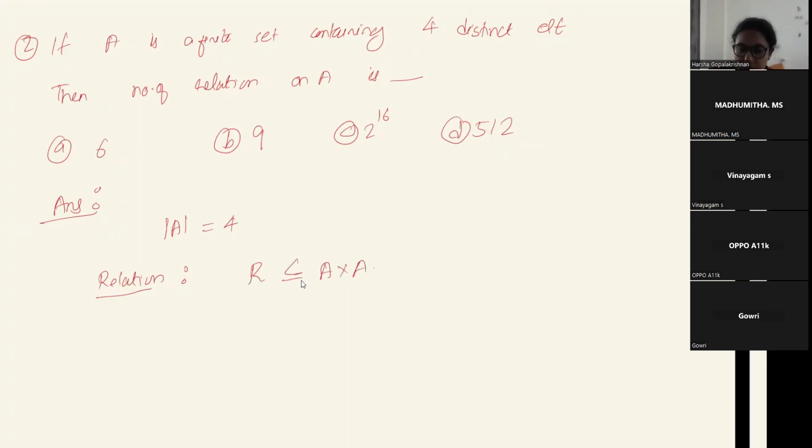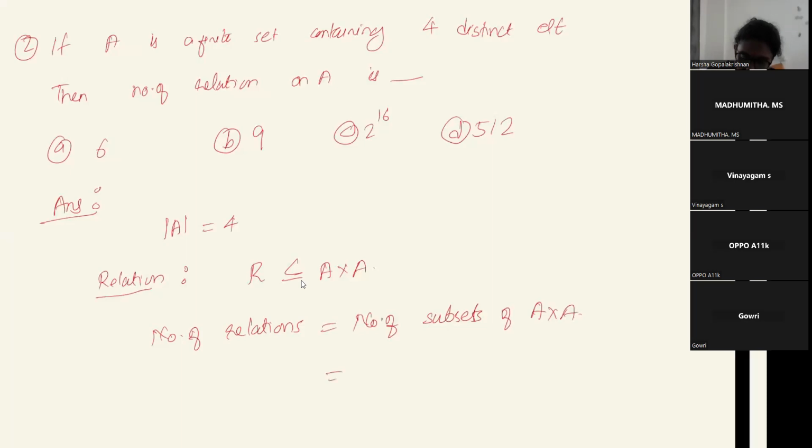So, what does the number of relations mean? The number of relations is the same as the number of subsets. Each subset of A cross A is a relation, and a relation is defined as a subset of A cross A. So, the number of relations is the same as the number of subsets of A cross A.